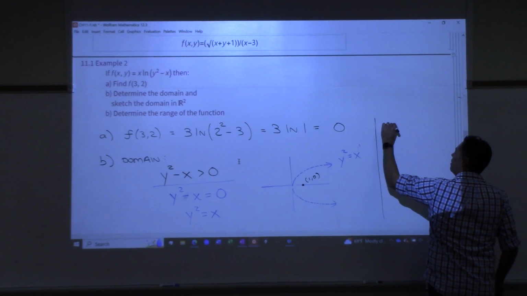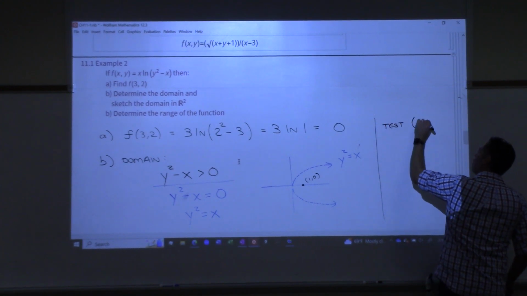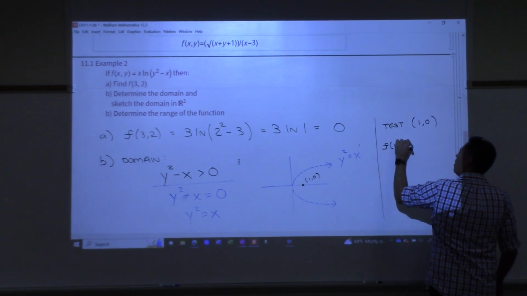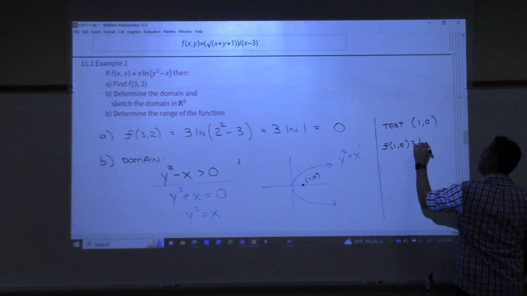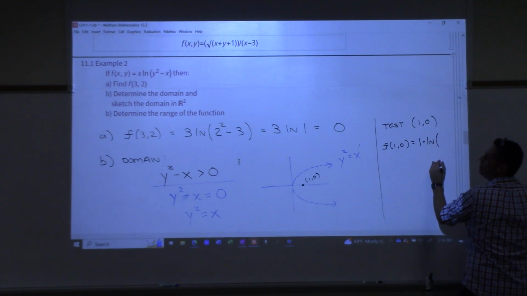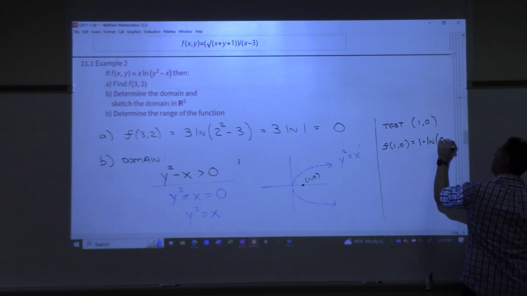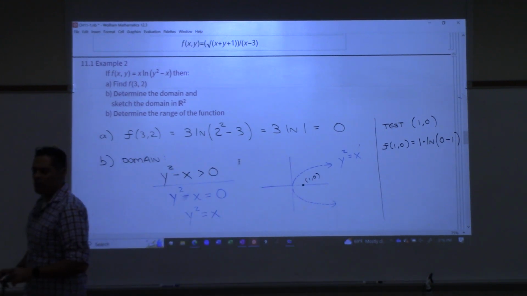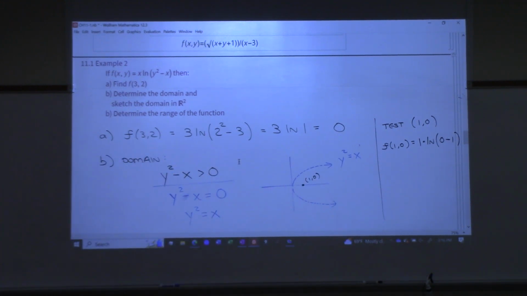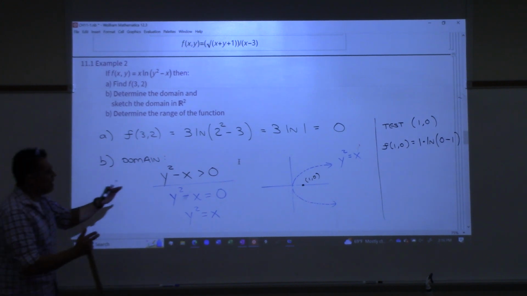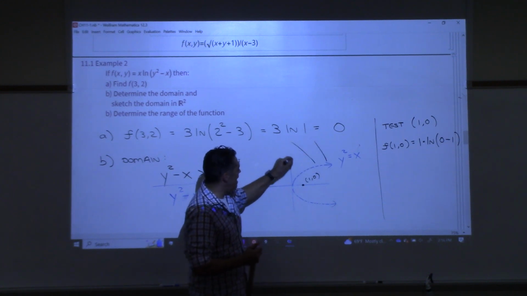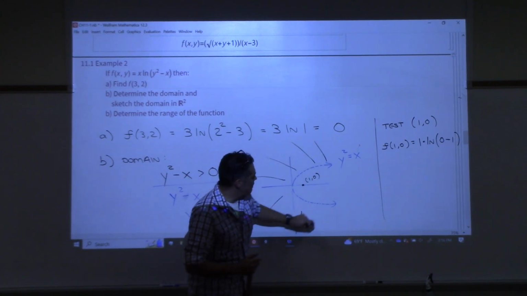I'm testing 1, 0. And if I do that, I get f of 1, 0 is 1 times natural log of 0 minus 1. Uh-oh, that's bad. I get a negative number in the natural log, and that is undefined, which means that nothing on this side of this parabola, nothing over here should work, which means only things outside this parabola will work.